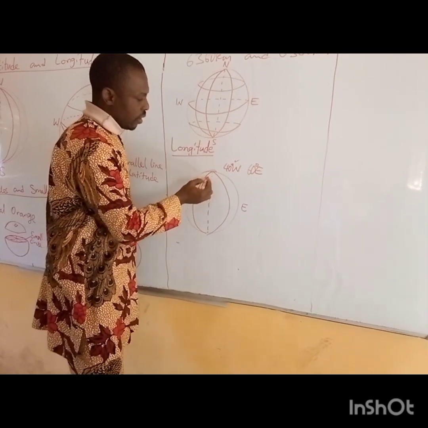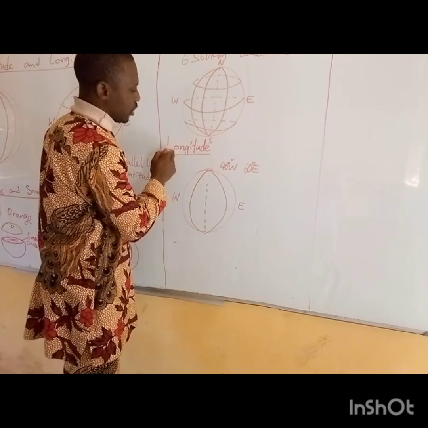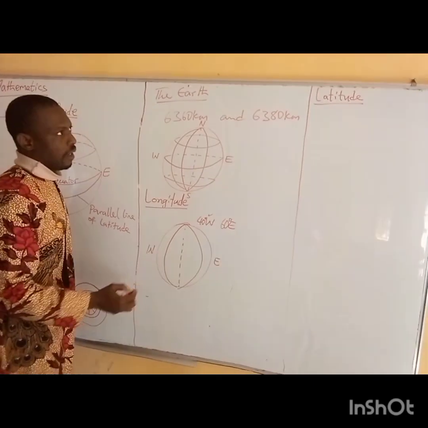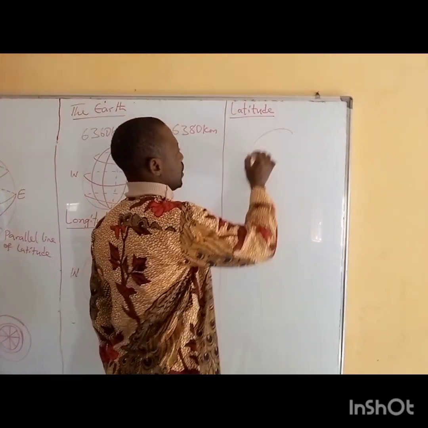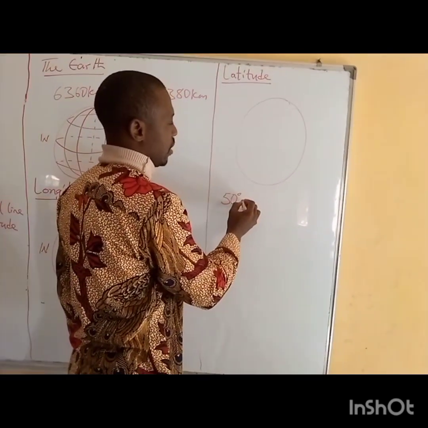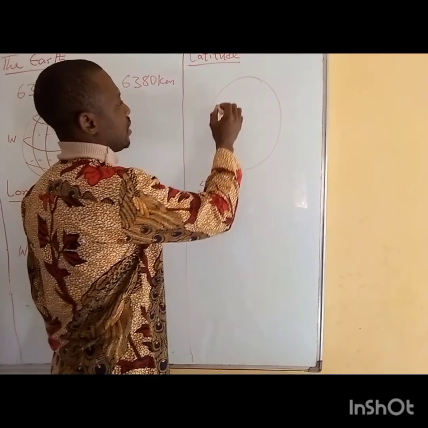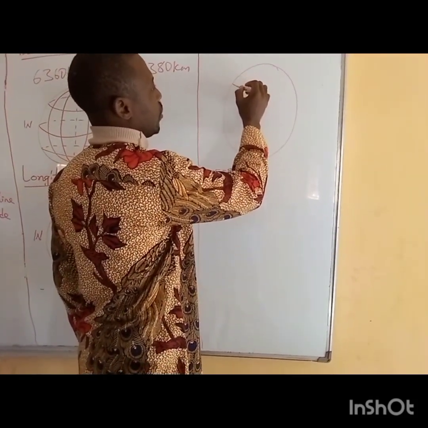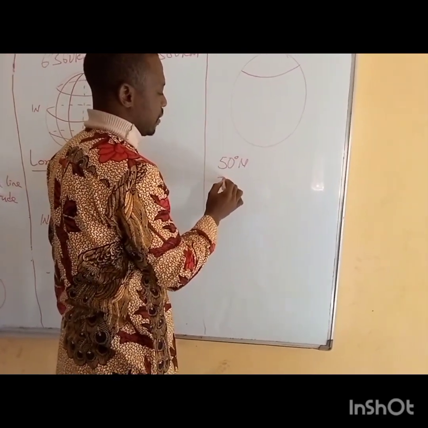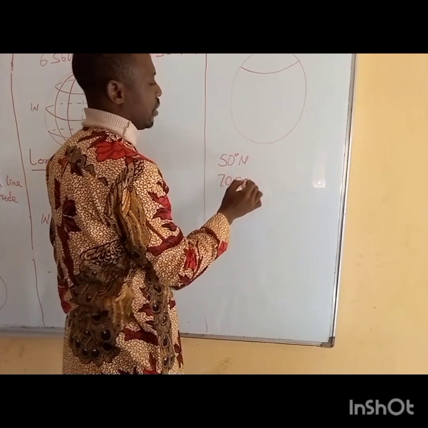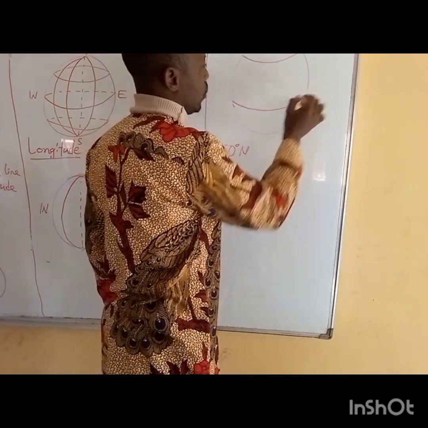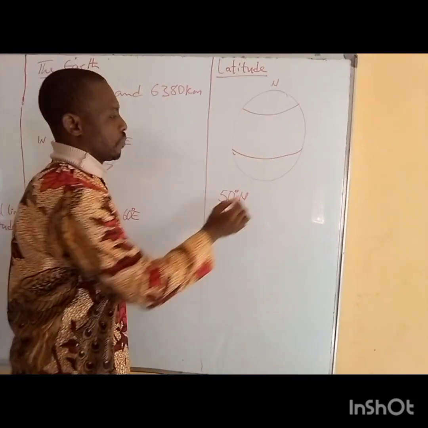So longitude are named with west and east, while latitude is named with north and south. So when you see 50° north, it means it's a latitude that passes close to the North Pole. And then every time you see maybe 70° south, it is a latitude that passes close to the South Pole.